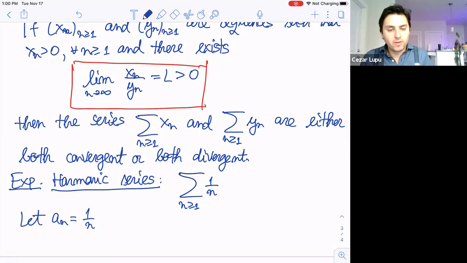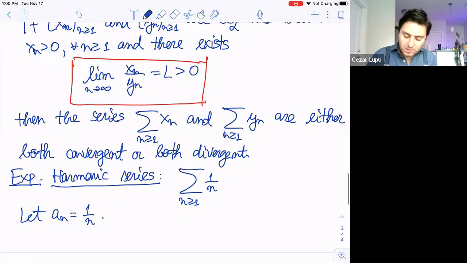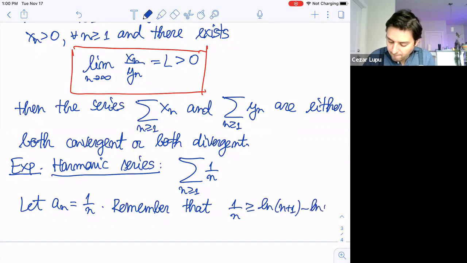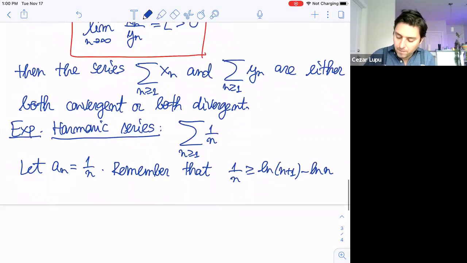All right, what do you know about this? Remember that we proved this inequality, or at least I told you last week. Remember that 1 over n is greater or equal than ln of n plus 1 minus ln of n, for all n greater or equal than 1, right?